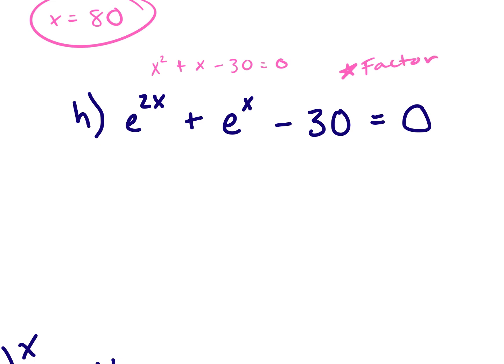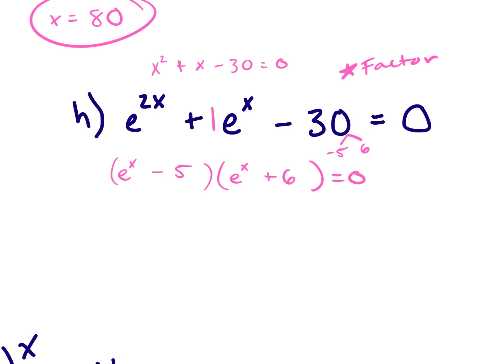So we're going to do the same thing here, but instead of x's, we have e to the power of x. So when I factor, I would say e to the power of x and e to the power of x. What are two factors of negative 30 that add to 1? Negative 5 and 6. Perfect. So e to the power of x minus 5 and e to the power of x plus 6 equals 0.